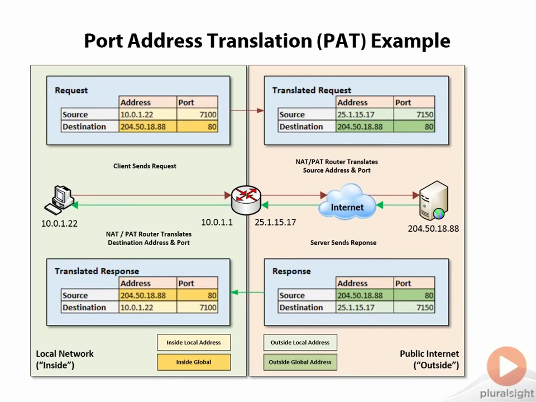And it allows that router to basically have multiple clients on the internal network communicate through a single IP address, because it's, again, replacing the source port with its own port table, so they can communicate back and forth and say, okay, I know this one needs to go here, this one needs to go there, and it maintains that mapping or that translation, so it knows how to direct those responses back to their appropriate clients.